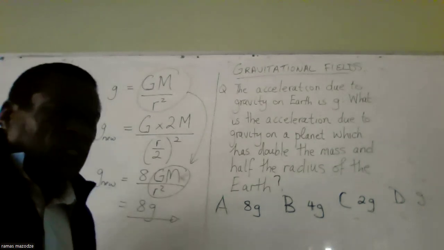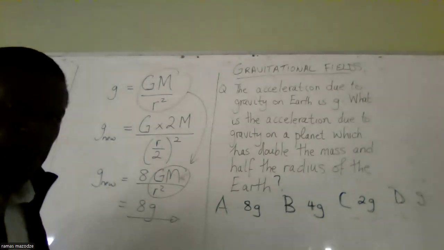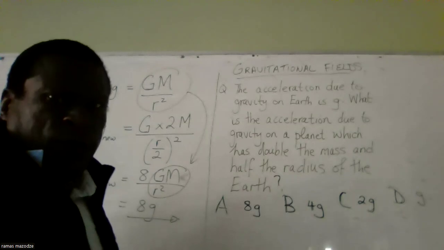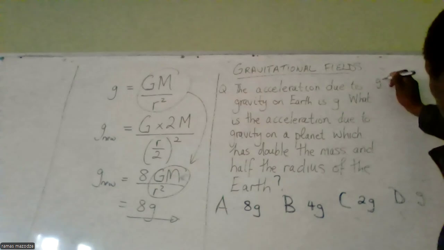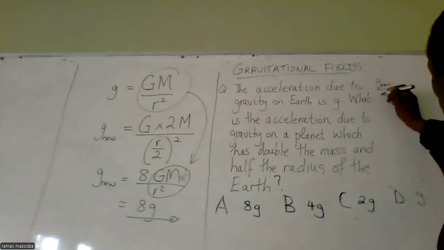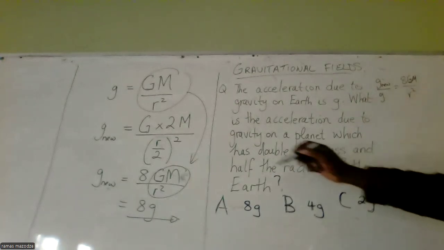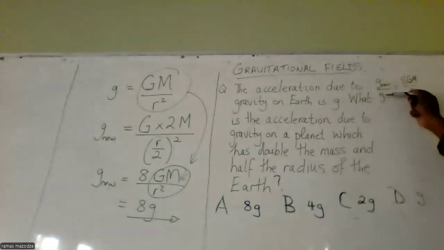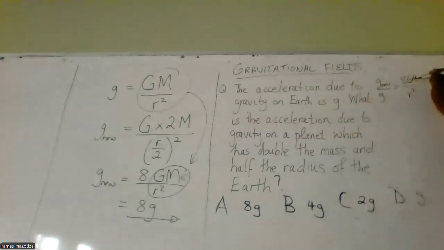Or alternatively, what you could do is write this as g_new over g. Now you have to divide 8GM over R squared by g, which is GM over R squared.